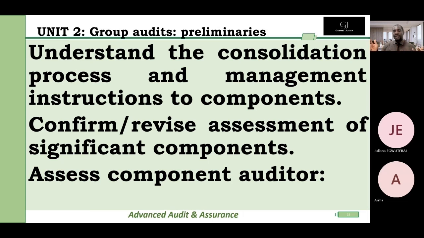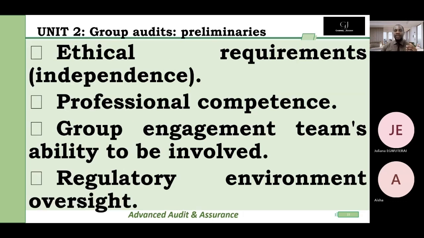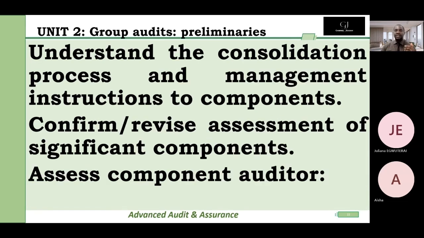Also, the confirmation of the revised assessment of significant components. Also, the assessment of the component auditors' ethical requirements, professional competence, skills, and qualifications is key. Also, the group engagement team's ability to be involved in the work must be assessed and understood by the group auditor.